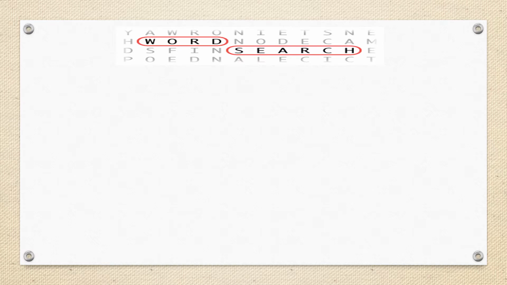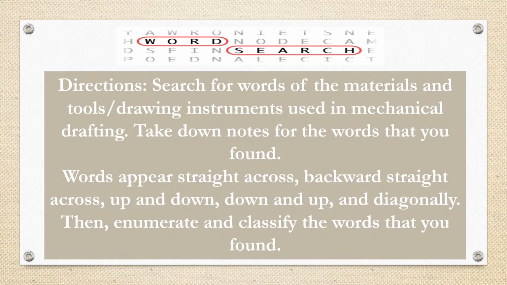Let us begin with this warm-up activity, the word search or word hunt. You have to search for words of the materials and tools or drawing instruments used in mechanical drafting. Kindly take down notes for the words that you have found. Words might appear straight across, backward straight across, up and down and up, and diagonally.